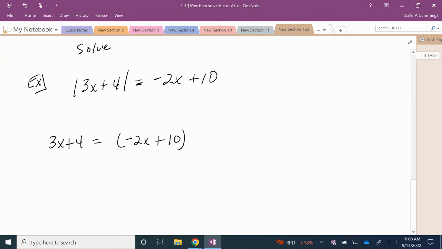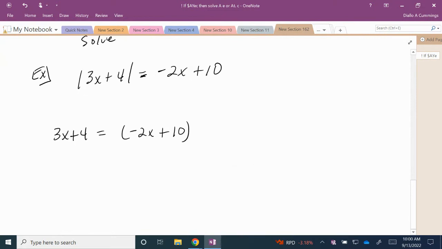So we have if the absolute value of A is equal to C, then A is equal to C, right?